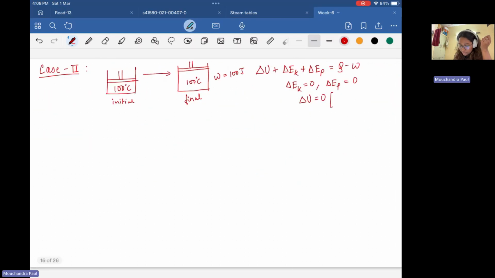Since there is no temperature change, final is 100 degrees Celsius, initial is also 100 degrees Celsius, so internal energy change is 0. What we see is Q is equal to W, and W is 100 joules. So that's it.